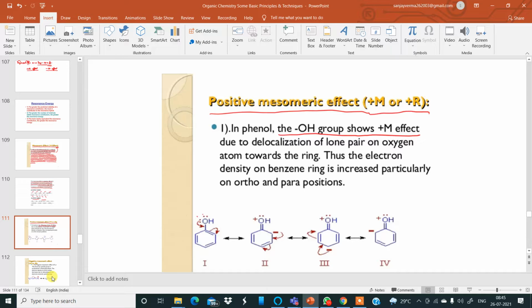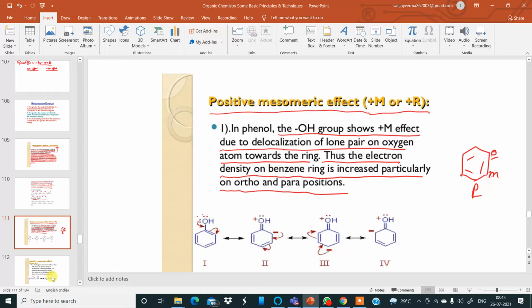Resonance is happening. Okay, so due to delocalization of the lone pair on the oxygen atom towards the ring, the electron density on the benzene ring is increased, particularly on the ortho and para positions. So if there is a ring like this, okay, ortho, meta, para. So ortho and para positions particularly.